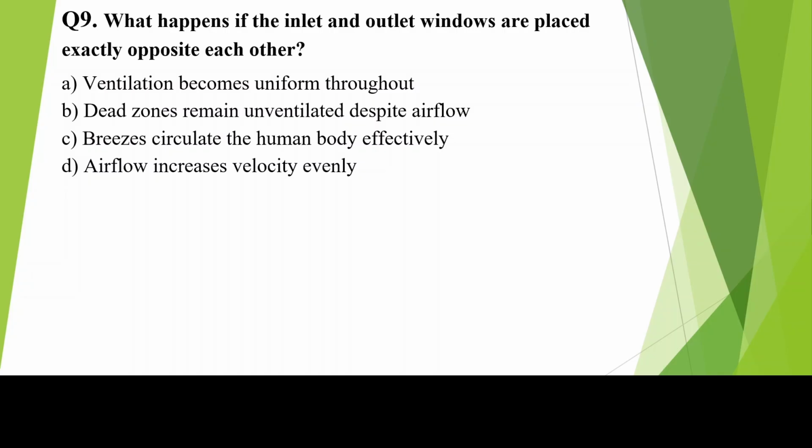Out of the four options, read each option carefully, and I want all of you to answer this question in the chat box correctly. Ventilation becomes uniform. No dead zones remain unventilated despite airflow. Bridges circulate the human body effectively, or the airflow increases velocity evenly.